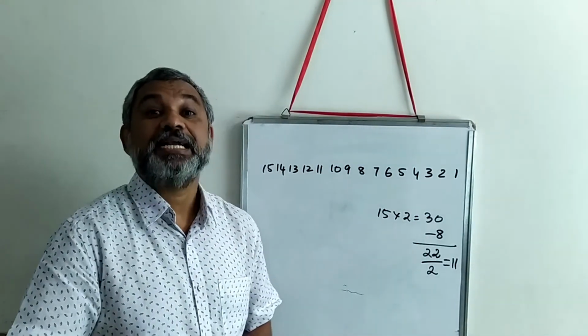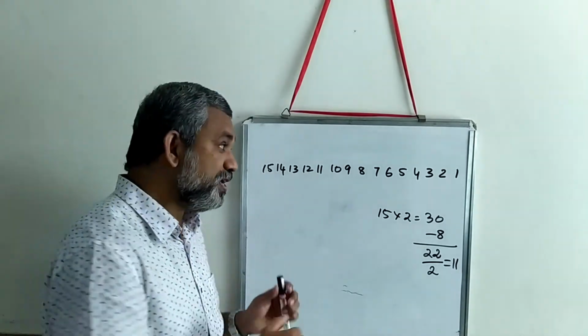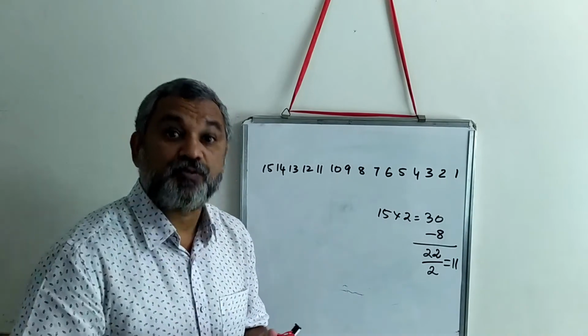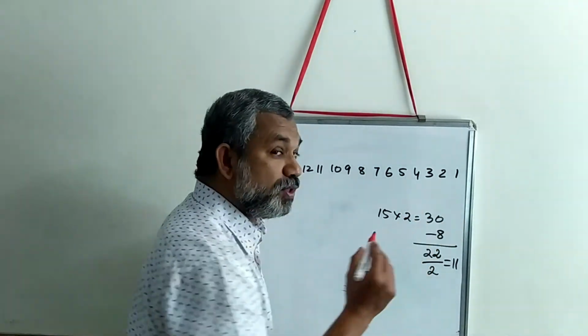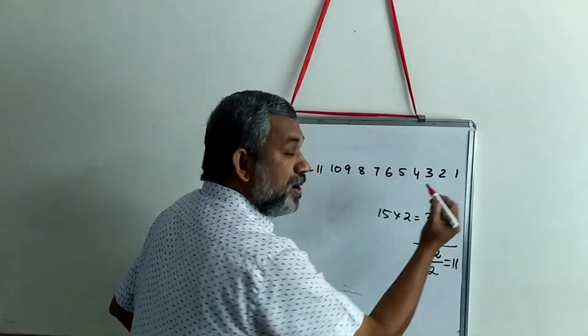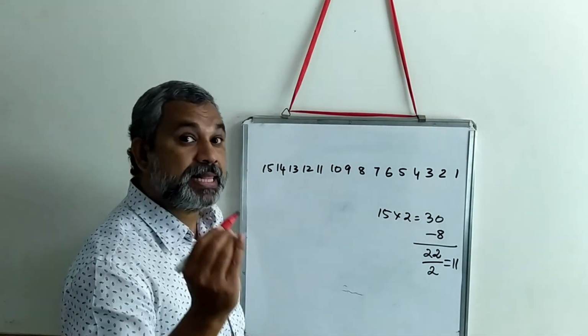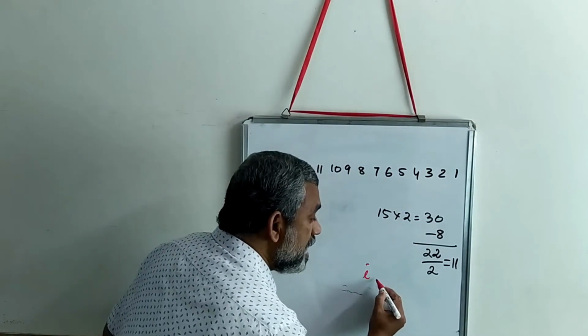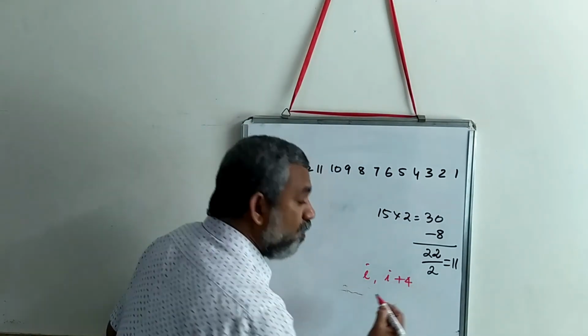We can check this diagrammatically. How do we check? Let us construct it, let us form the hydrogen bonds. We know that every amino acid can form 2 hydrogen bonds. So amino acid number 1, its carboxyl end will form a hydrogen bond with i plus 4.